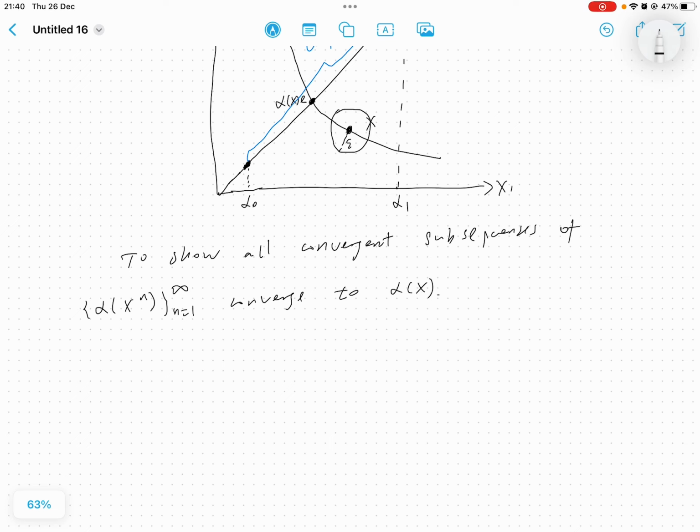Okay, we know that it's in the compact set, so it must have some convergent subsequence. And now we're going to show that all the convergent subsequences of that converge to this point that we need, this alpha x or this u x, right? Okay.